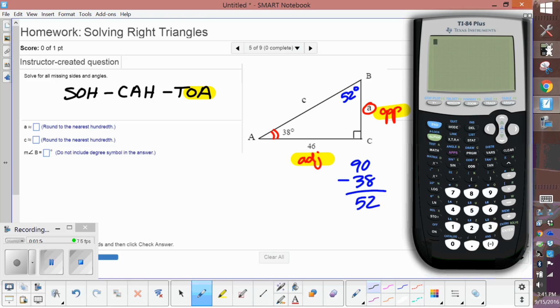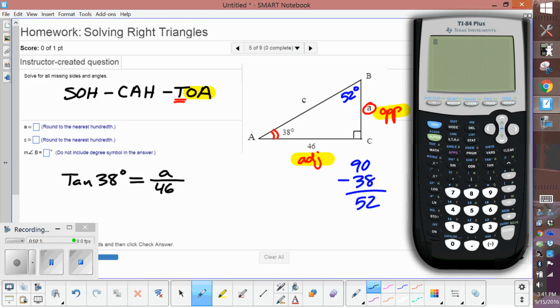That tells me I'm going to use tangent. So to write out the problem, the tangent of 38 degrees equals opposite over adjacent, a over 46.